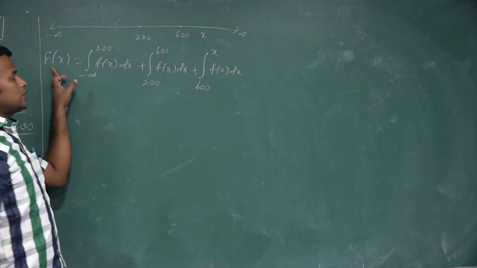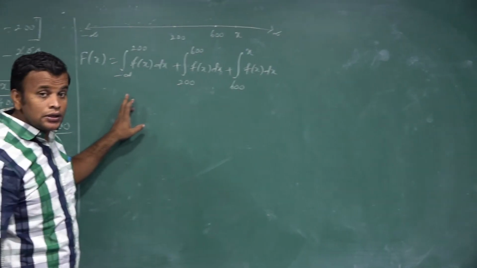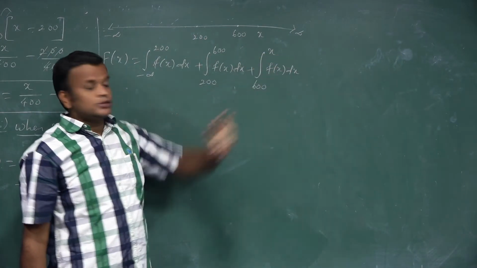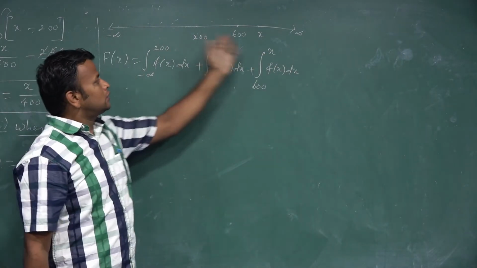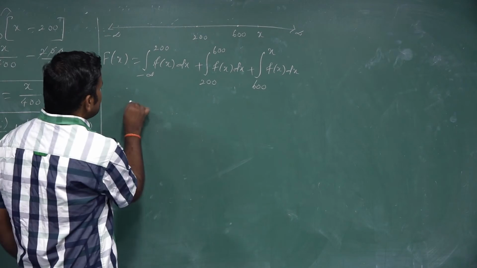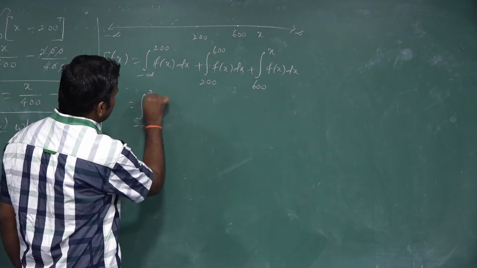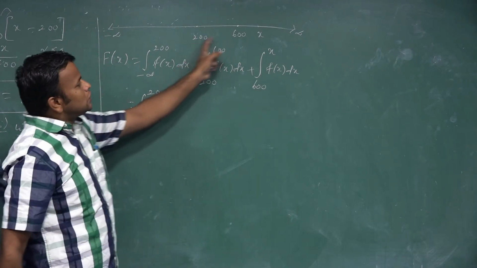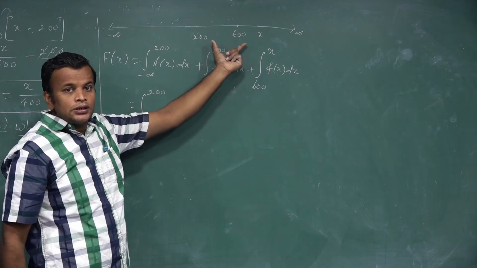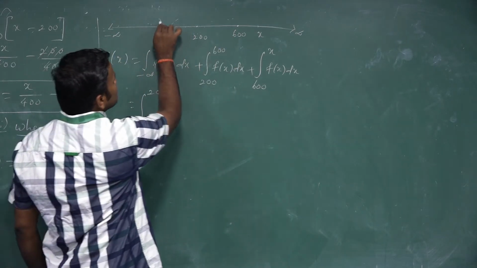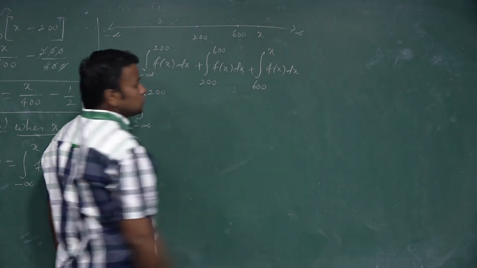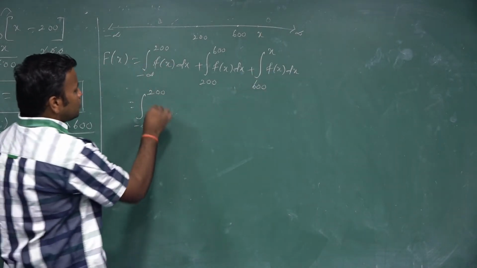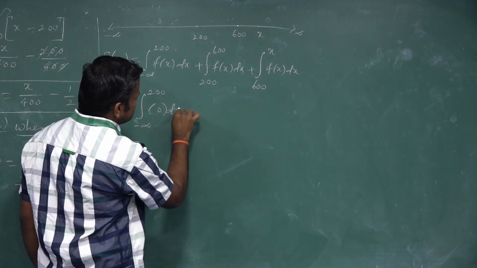You know very well that in the interval minus infinity to 200, f of x is not defined, and in all the remaining intervals f of x is defined as 0. So in this interval our f of x value is 0, so 0 into dx.